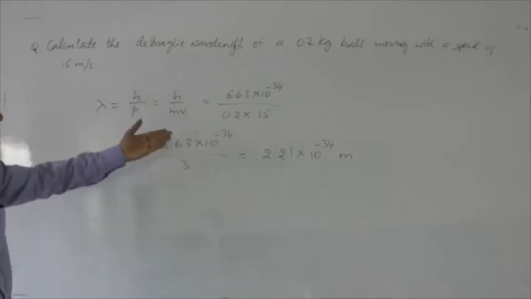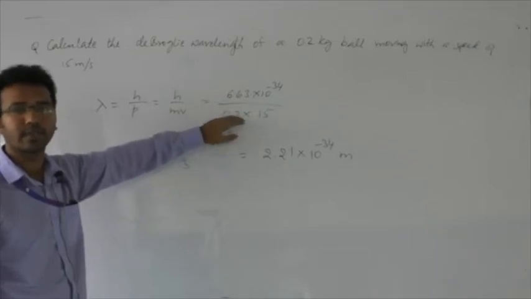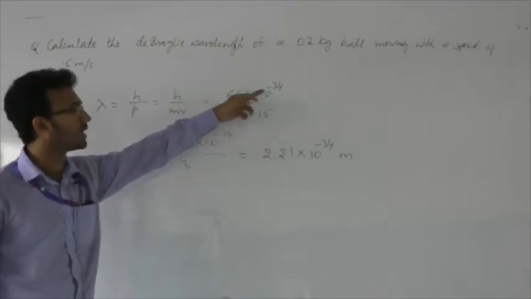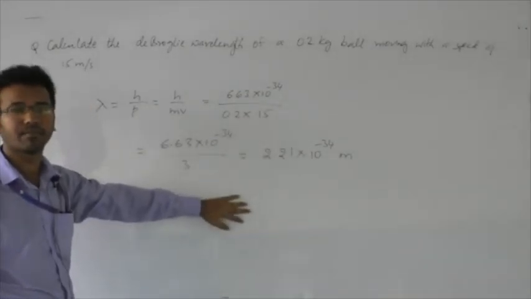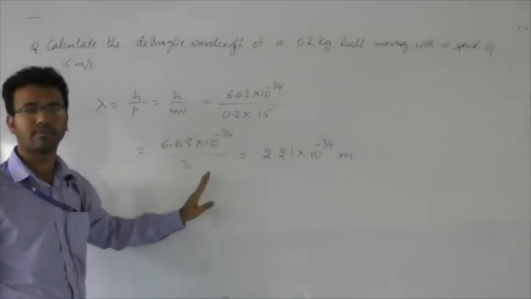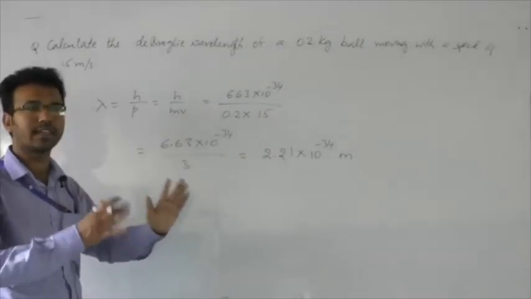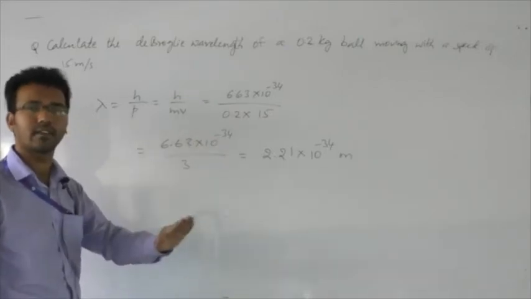If you take the electron mass, it is 9 into 10 power minus 31 kg, right? In that range the wavelength is more compared to this. This is negligible. That's why we don't see a wave-like nature for macroscopic bodies. This wave-like nature is still there, but we cannot see it.